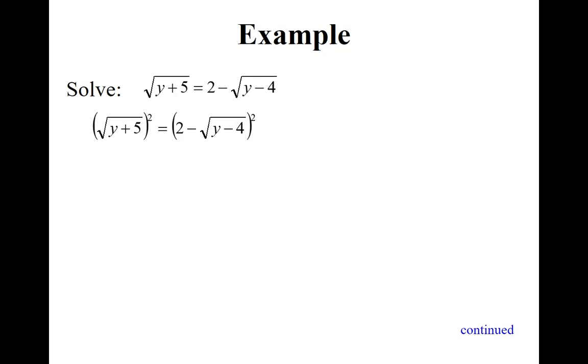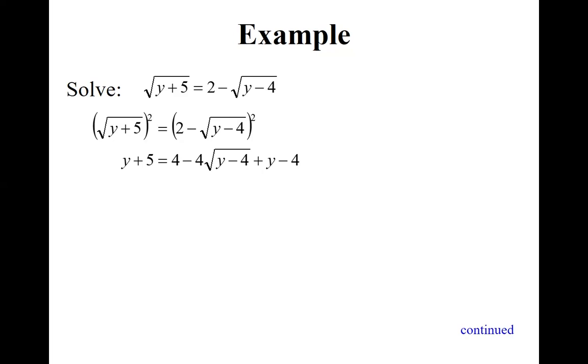On the right, we have first 2 times 2, that's 4. And then outer will be minus 2 radical y minus 4. Inner will be minus 2 radical 4. Negative 2 of them minus 2 more is negative 4 of them.